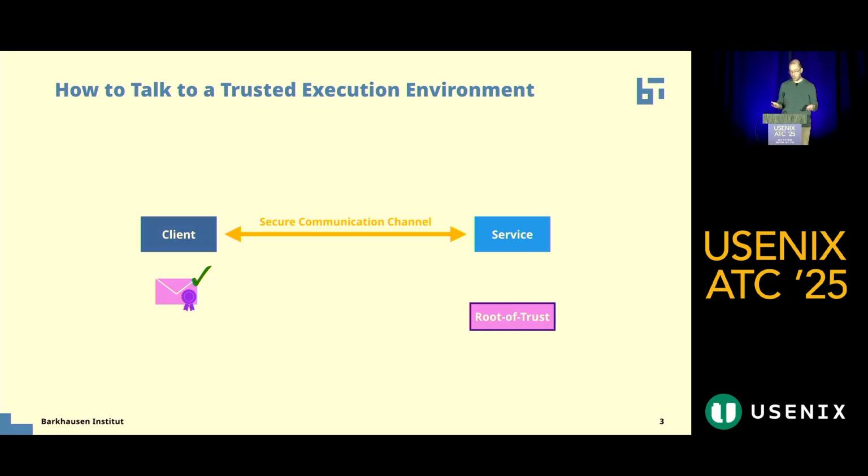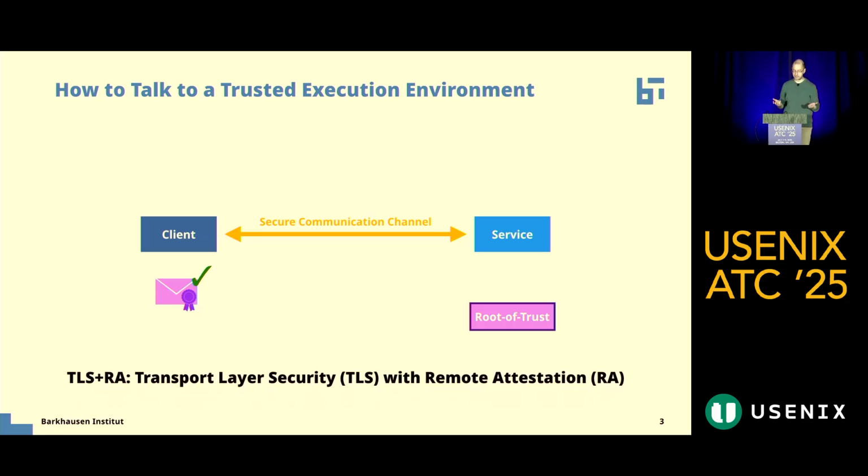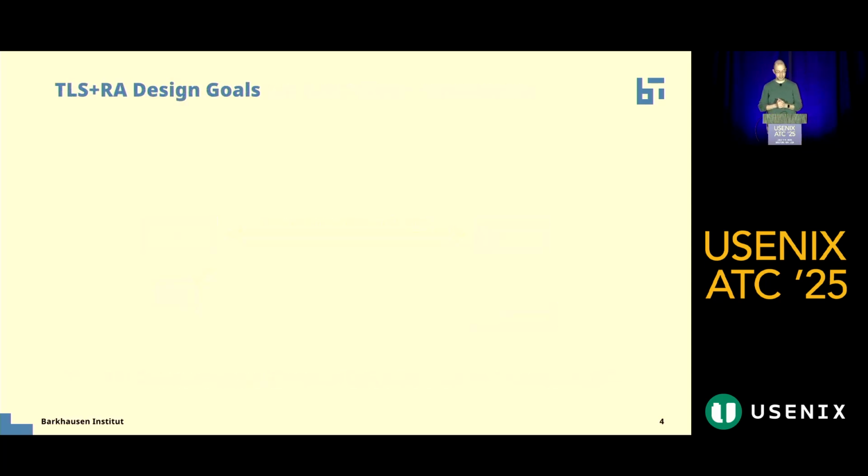What we thought is, there is already an existing solution for establishing secure communication channels, and that is our trusty TLS protocol, transport layer security, which we use all throughout the internet. So our idea is, can we somehow combine trusted execution with remote attestation? For that, we have a bunch of additional design goals. We want to minimize the modifications to the TLS wire protocol.